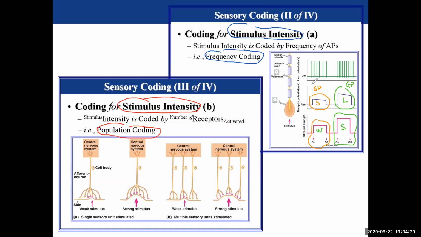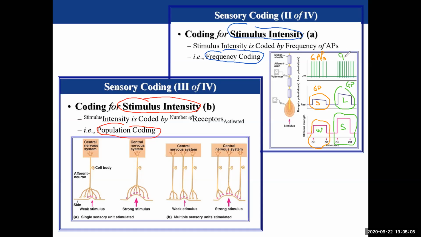And what's going to happen is the trigger zone will generate here 1, 2, 3, 4, 5, 6 action potentials. 6 APs. Over here we have 1, 2, 3, 4, 5, 6, 7, 8, 9 APs.